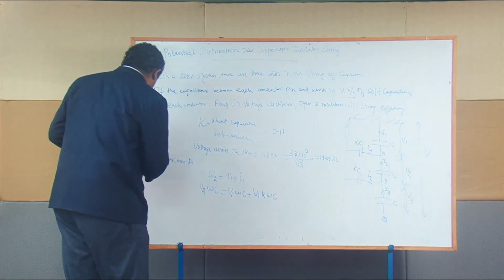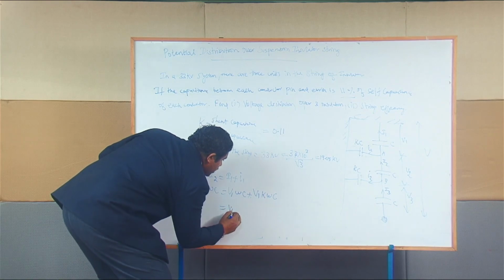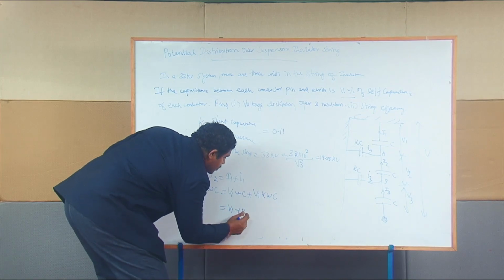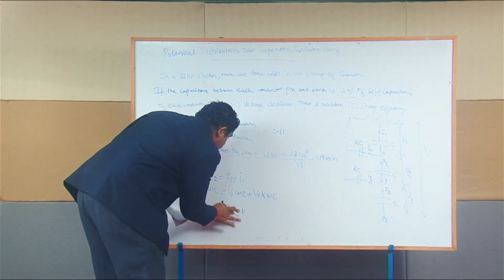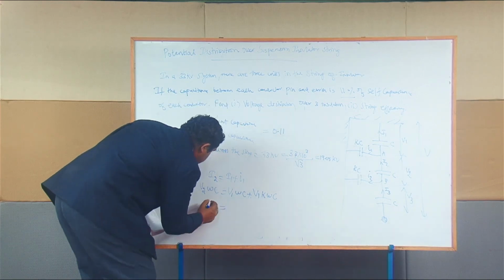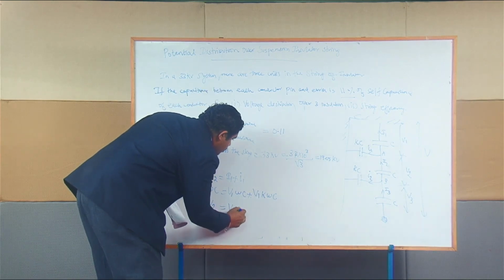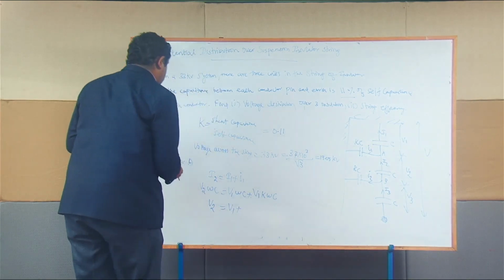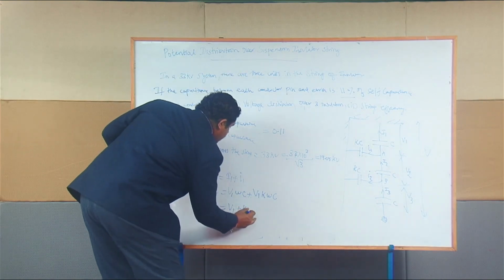Now you just simplify, take omega C common. So V2 equal to V1 plus K V1.